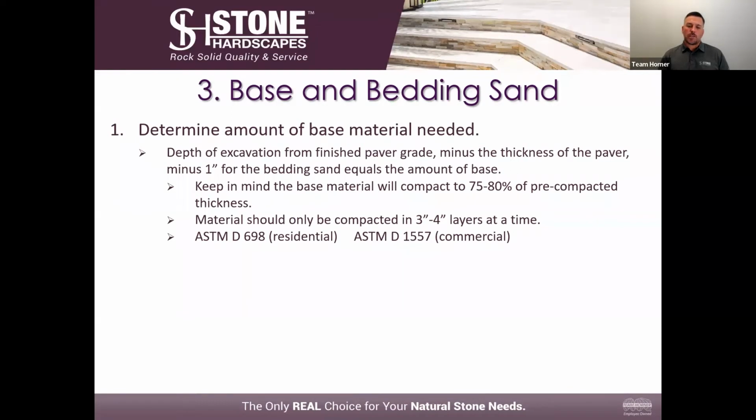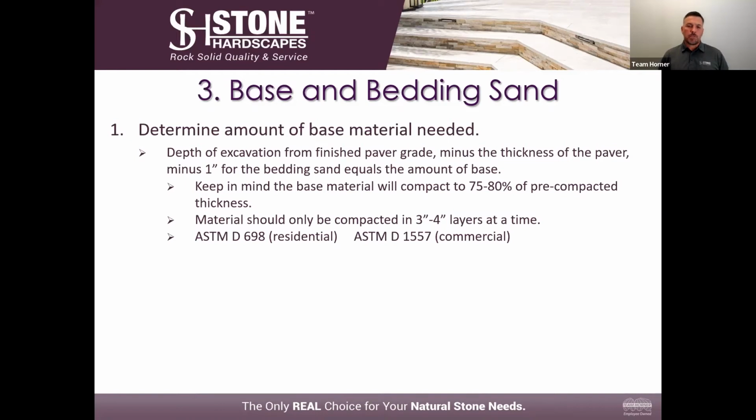That'll give you the thickness of your base. Keep in mind, base material itself will compact to about 75 to 80% of its pre-compacted thickness. So if you're putting 4 inches of base in there, when I run a plate compactor over it, it's going to compact to about 3 inches. That's a very important aspect to understand and know when you're calculating the depth of your excavation.